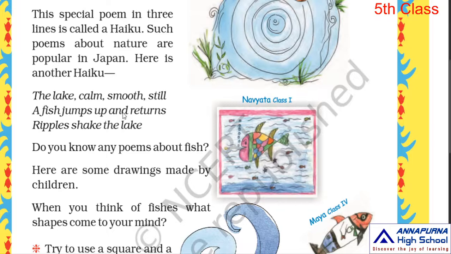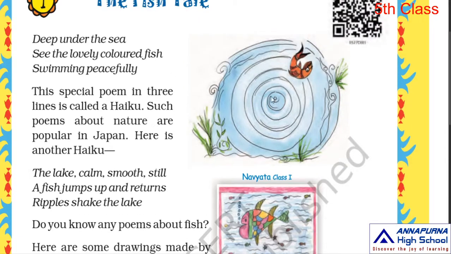The lake, calm, smooth. Still, a fish jumps up and returns, ripples shake the lake. Here, this is the lake, and this is the fish. The lake is calm and it lays smooth. The fish jumps up and returns.